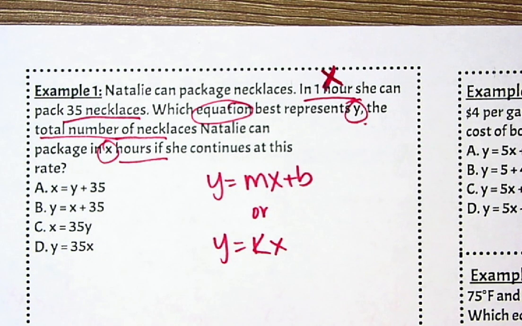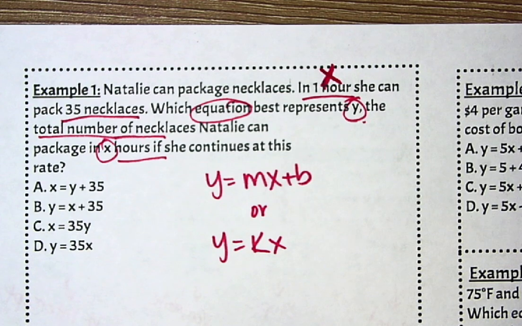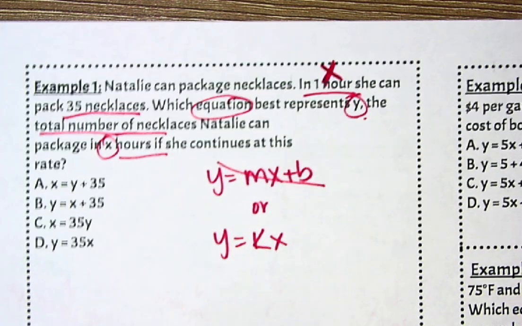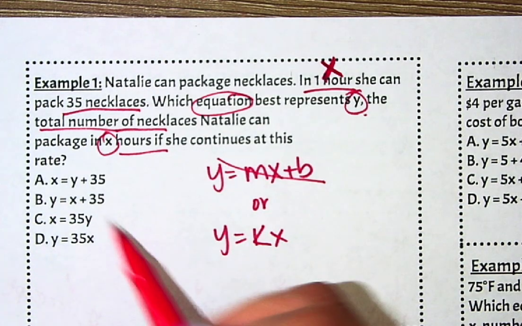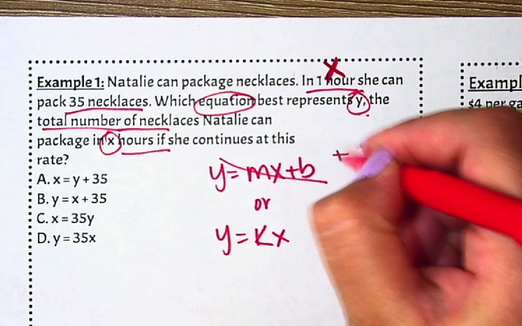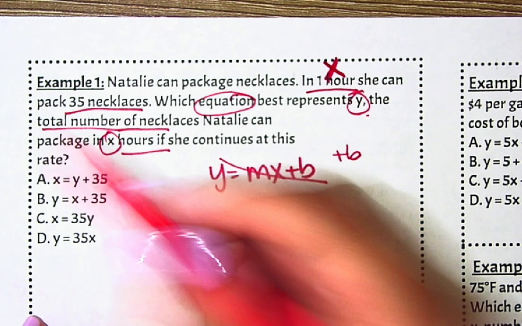It doesn't say that she had already made 20 necklaces or something like that. So we already know that we're not using this formula. So if you look over here, we can eliminate. Because we don't have a starting point, we don't have a plus b, we can eliminate two choices on our answer choice. We can eliminate these two.